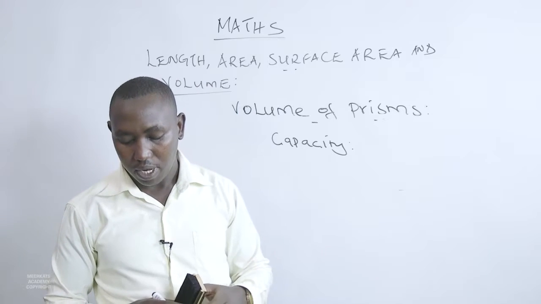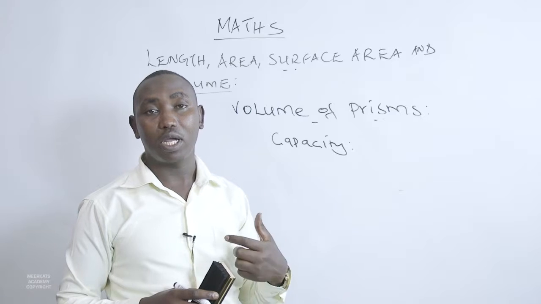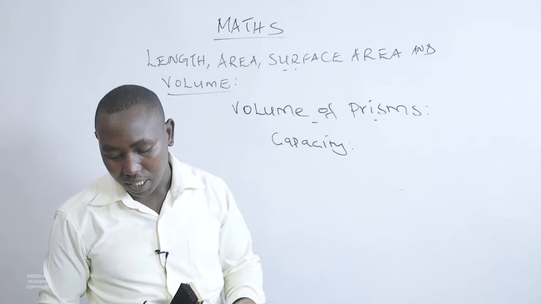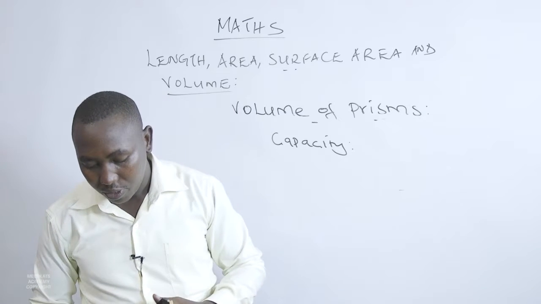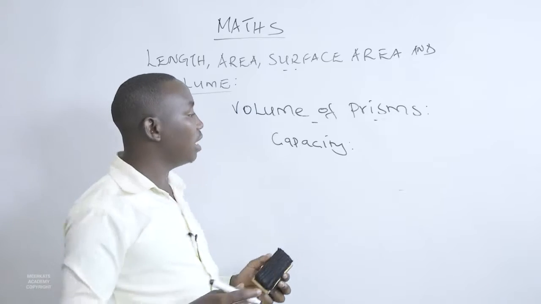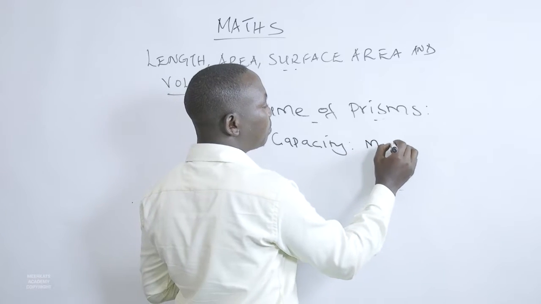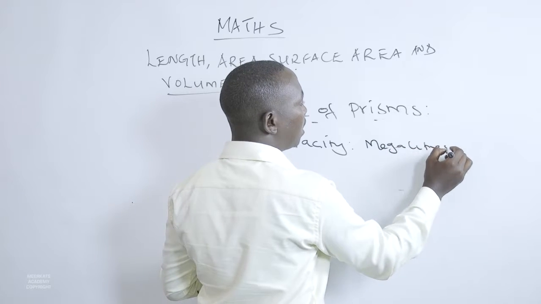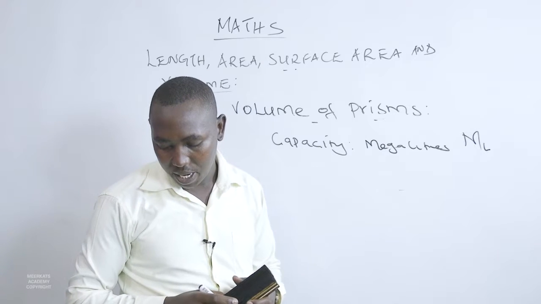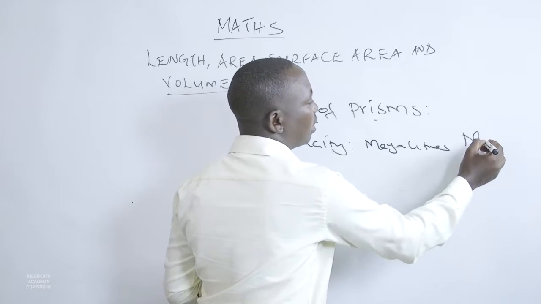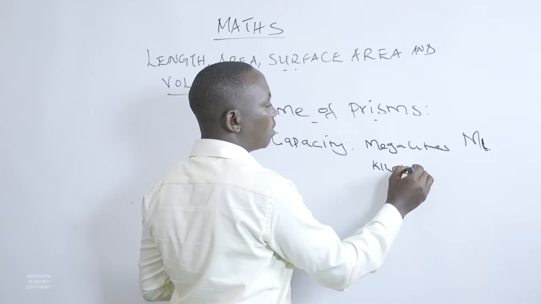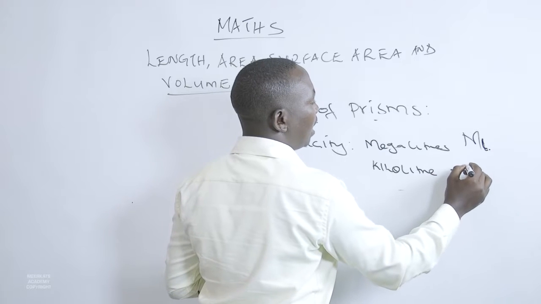And in capacity, in most cases, we talk about liters, milliliters, centiliters, and so forth. But the most important units which we are going to use when dealing with capacity are the megaliter, which is denoted by capital M, capital L. We have the kiloliter, denoted by KL.